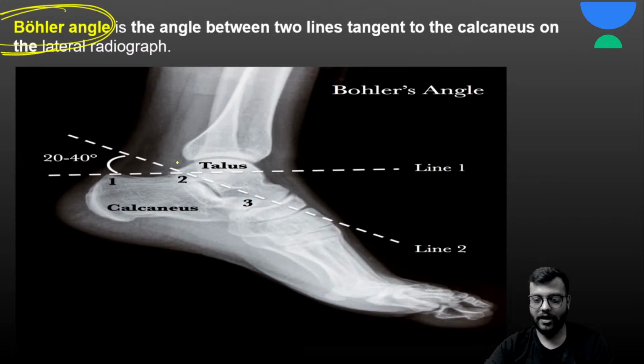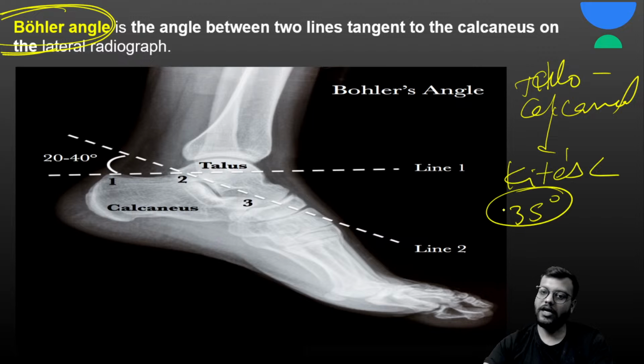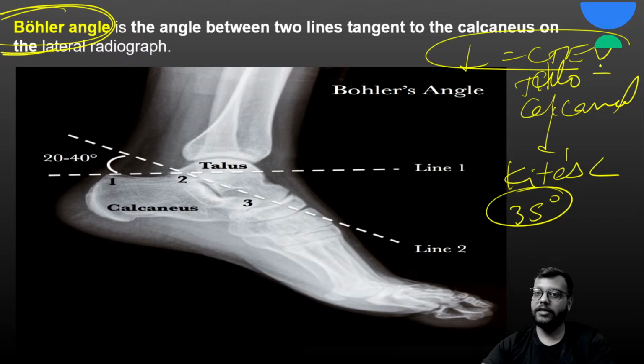And another angle is the talo-calcaneal angle, and it is called the Kite's angle. Normally it is 35 degrees and it is decreased in case of CTEV. And the third one is called the critical angle or the Gissane's angle. Why is it critical?